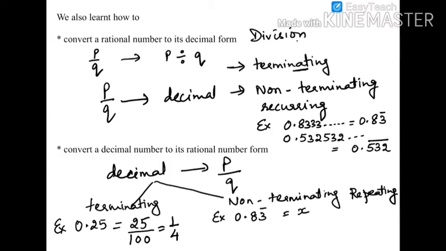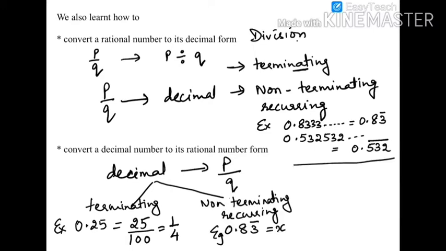and then we will multiply x with 10 or powers of 10 so that we can shift the decimal to the right side, and we will obtain two equations in which the right side of the equation has same decimal part. So multiplying this equation by 10, we get 10x equal to 8.333 and so on, and x is equal to 0.8333 and so on.